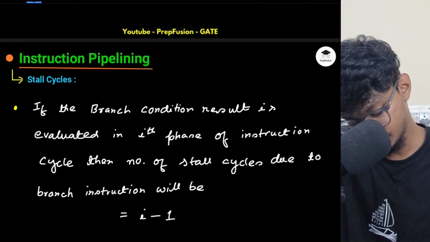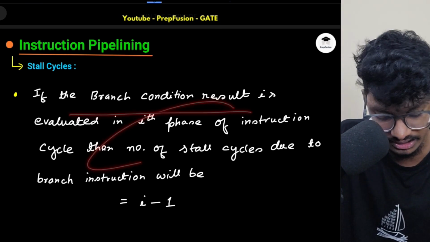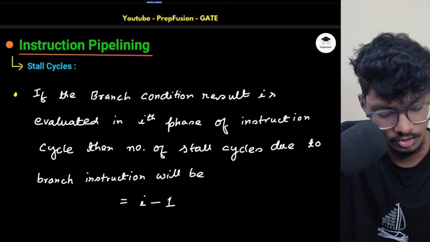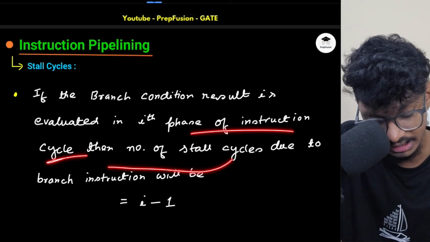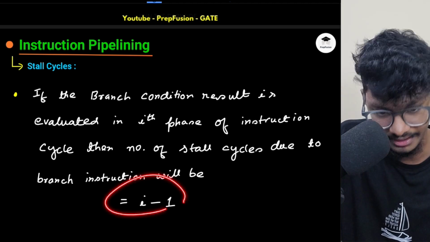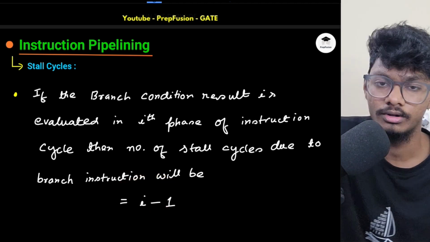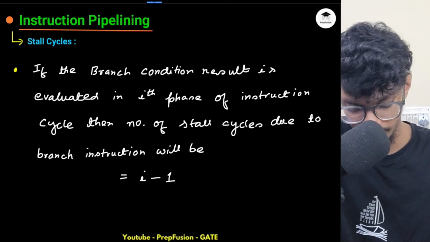Here the same thing is written: if the branch condition result is evaluated in the ith phase of the instruction cycle, then the number of stall cycles due to that branch instruction will be i minus 1.